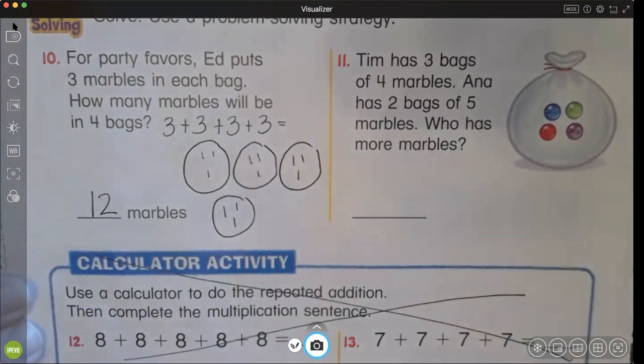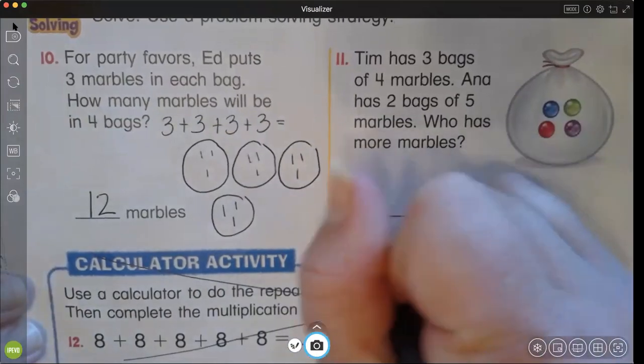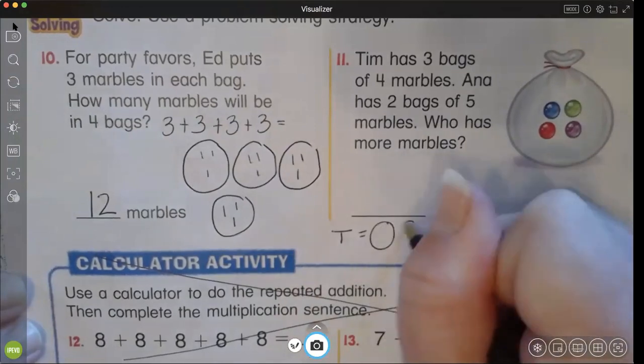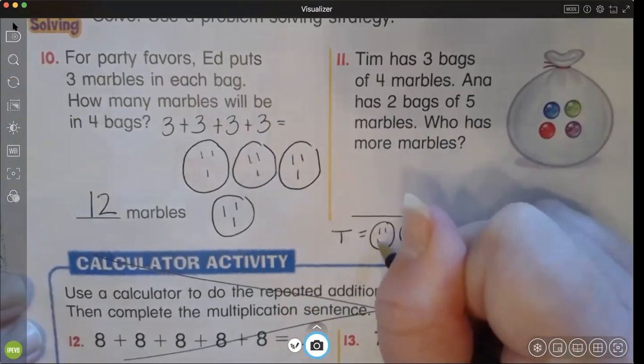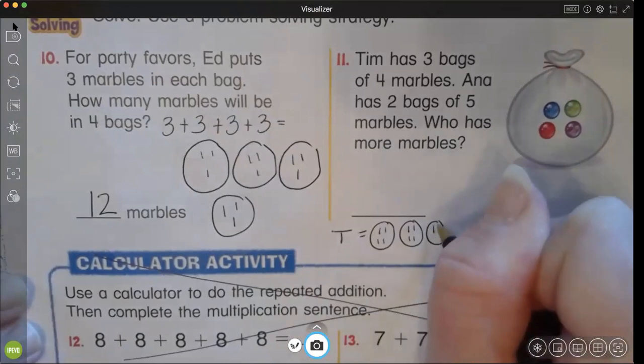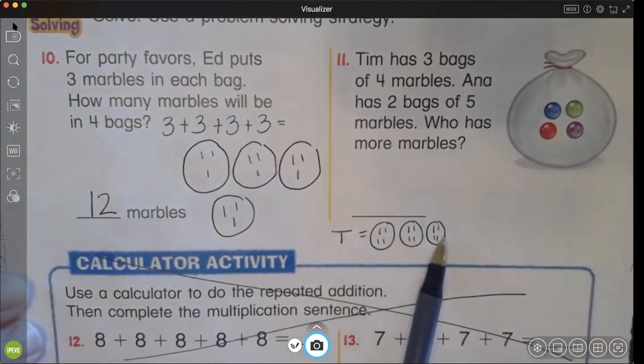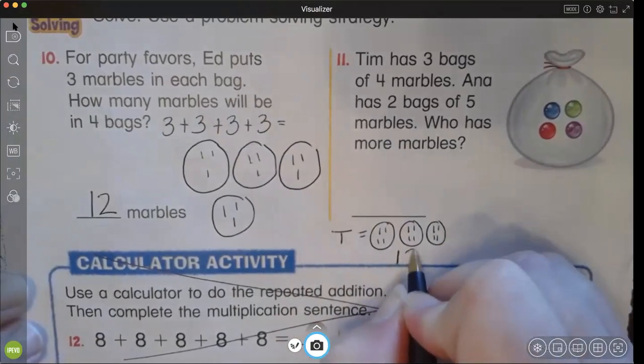Number 11, Tim has 3 bags of 4 marbles. Anna has 2 bags of 5 marbles. Who has more? Okay, so Tim, we're just going to put a T for Tim. Okay, he has 3 bags of 4 marbles. So each bag has 4 marbles in it. We have 4 plus 4 plus 4, which equals 12.